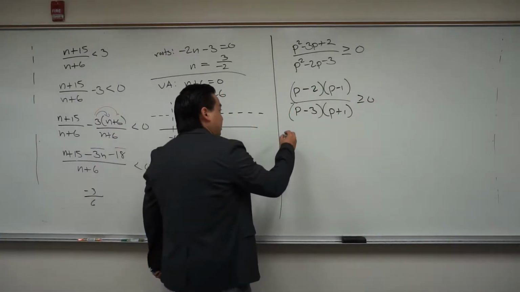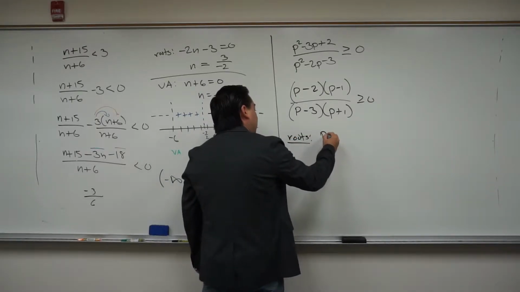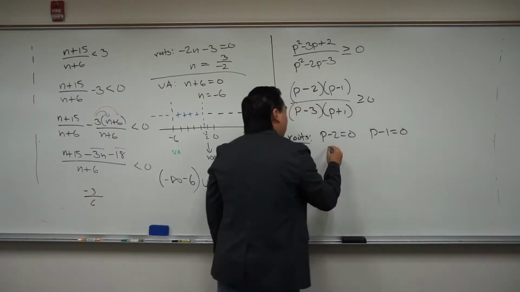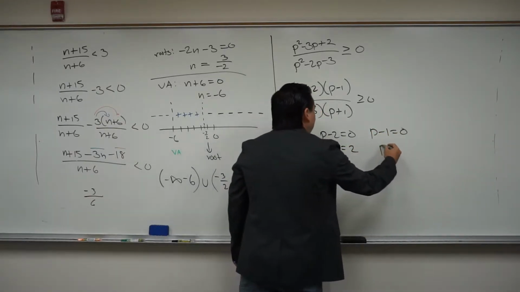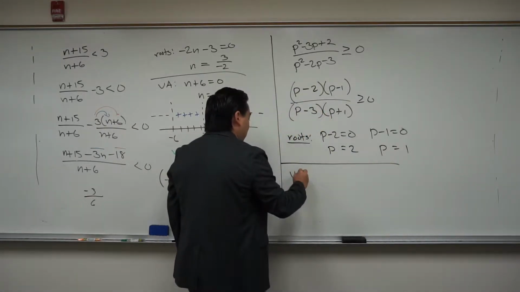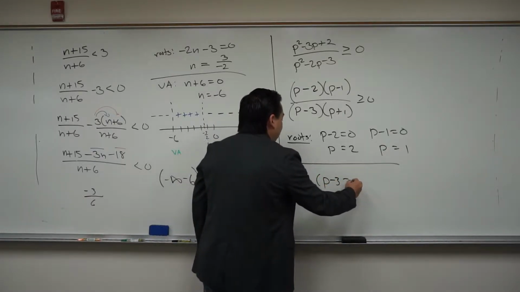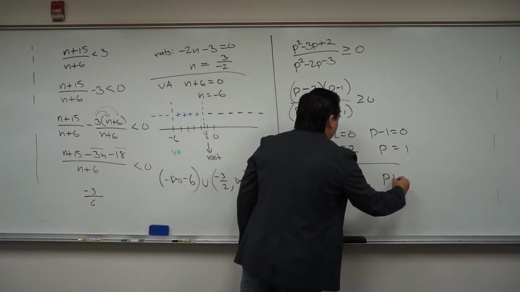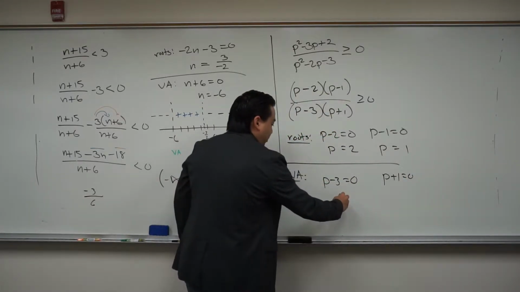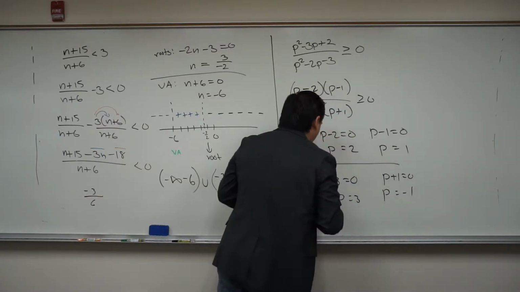So the roots are given by the top, or p is equal to 2, p is equal to 1. And then the vertical asymptotes are given by the denominator, p minus 3 equals 0, and p plus 1 equals 0. So here, p is equal to 3, and p is equal to negative 1.